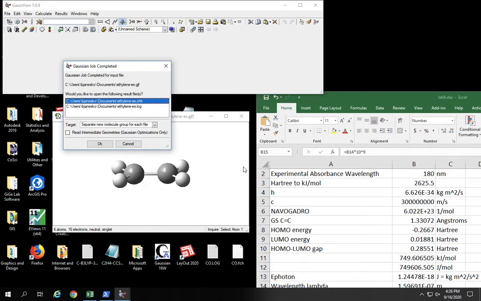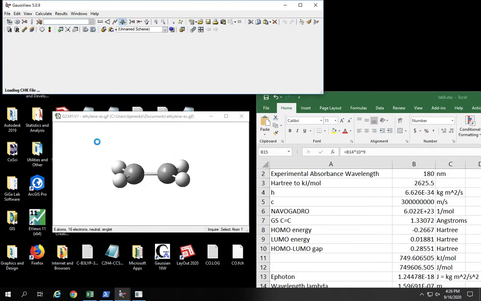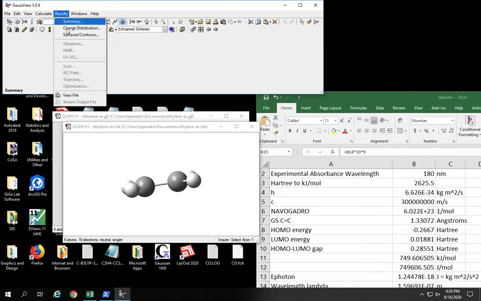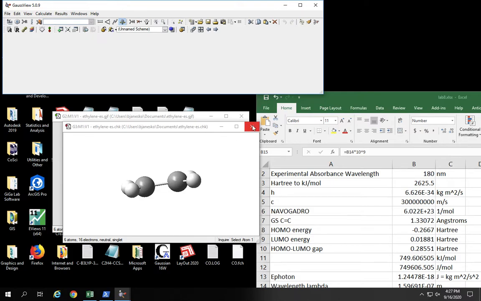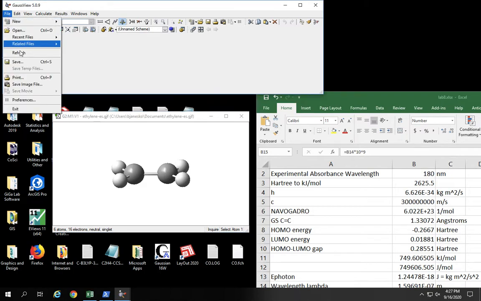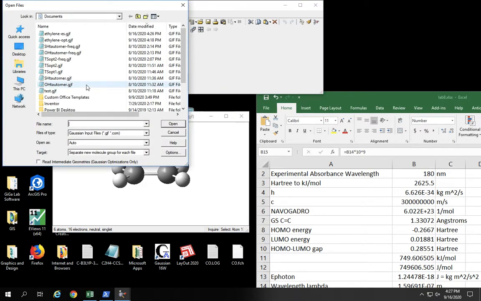So this is what we got. Our excited state geometry is the same as the ground state geometry. Usually there's a UV-vis that we can see up here, but I guess not today. That's okay because we can just try and look at the log file in GaussView.